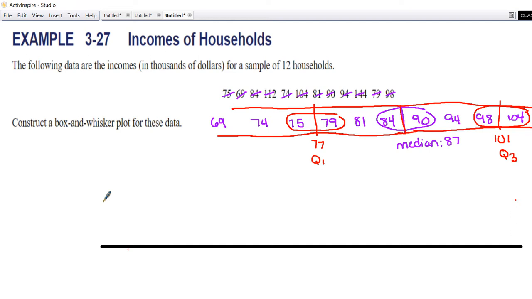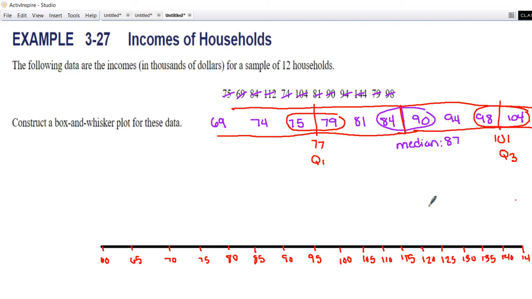So let's start with 60, and then we'll go 65, 70, 75, 80, 85, 90, 95, 100, 105, 110, and I'm going to keep going here. I might not get to 144, but let's see what we got here. Yeah, we're going to make it.